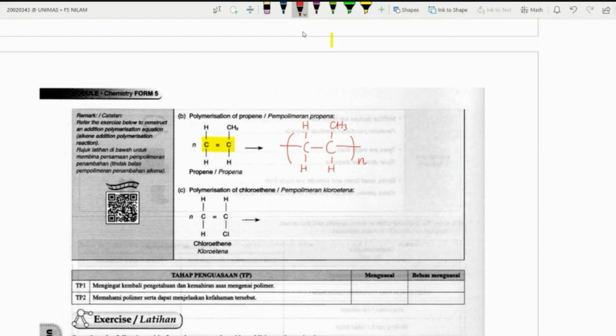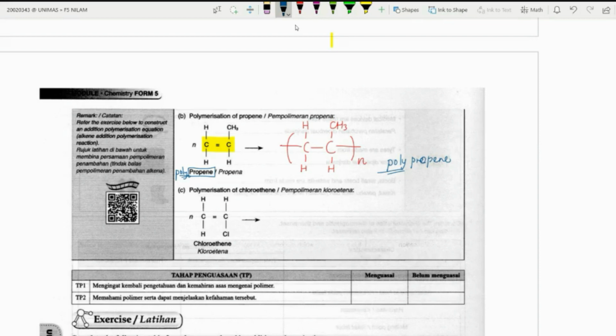Is that correct, class? Then what is the name for this polymer, class? Yes, polypropene. The name for the monomer, just add poly in front.